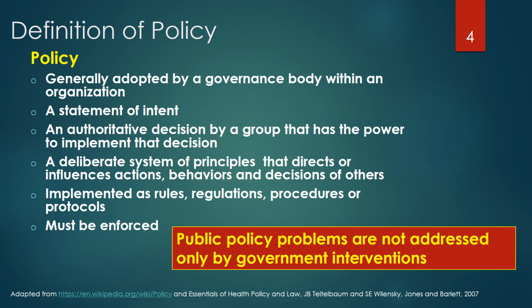It's important to recognize that public policy problems are not addressed only by government interventions. A good example of that would be the occasional influenza vaccine shortages experienced in the United States.